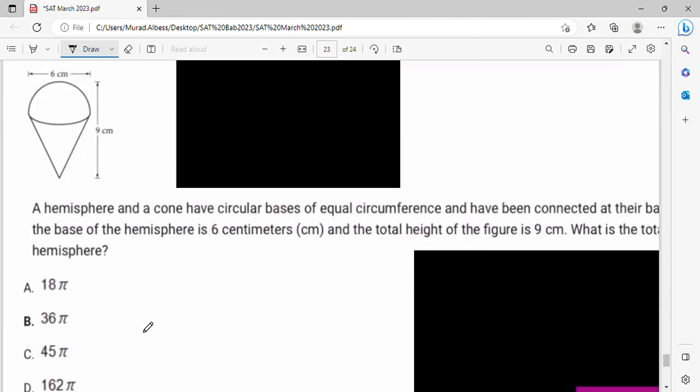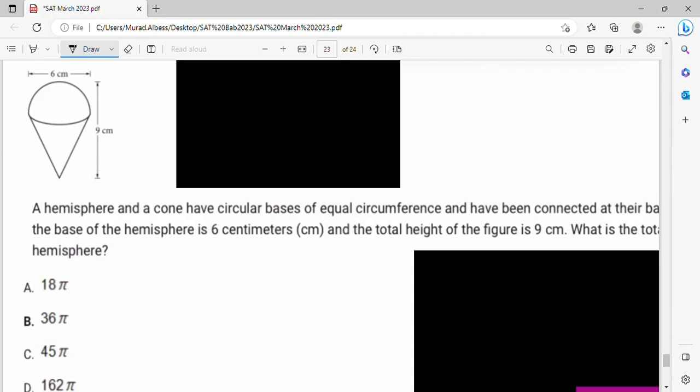A hemisphere and a cone have a circular base of equal circumference and have been connected at their base. The base of the hemisphere is 6 centimeters and the total height of the figure is 9. What is the total volume of the hemisphere and the cone?